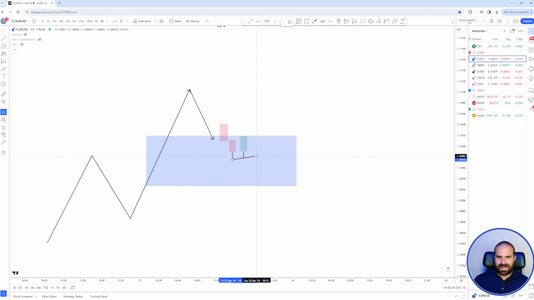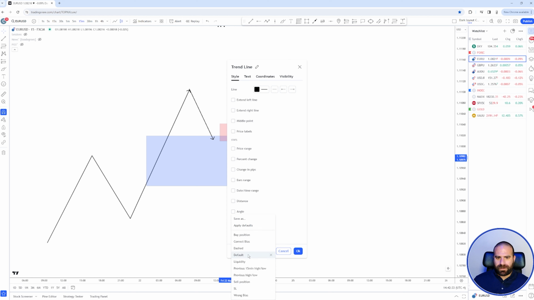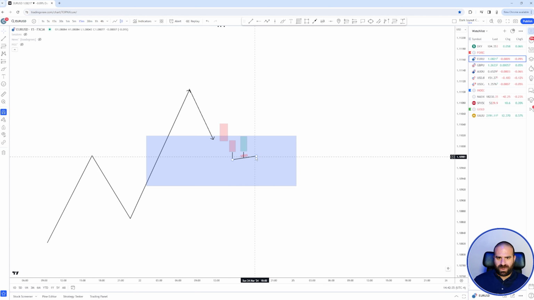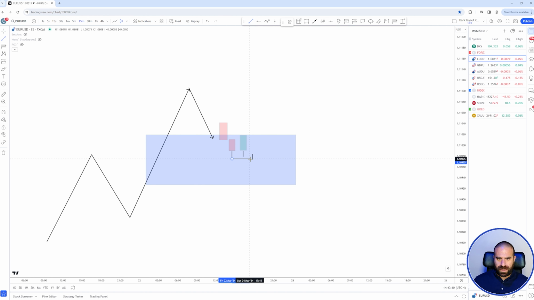Right here there is trendline liquidity, or you can say they are almost equal lows. You will be expecting a break below this area with the next candlestick and a grab of further liquidity. Let's do that as a normal line, and it is going to be something like that.